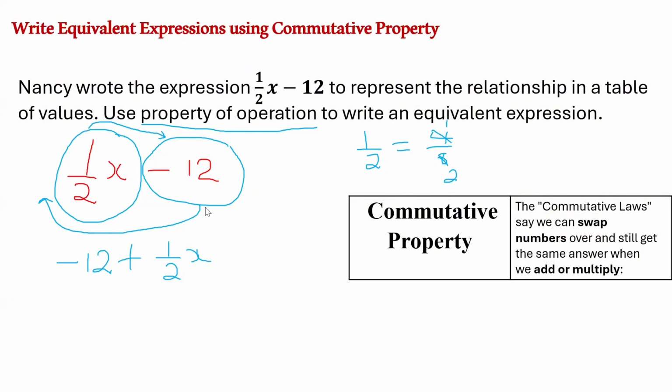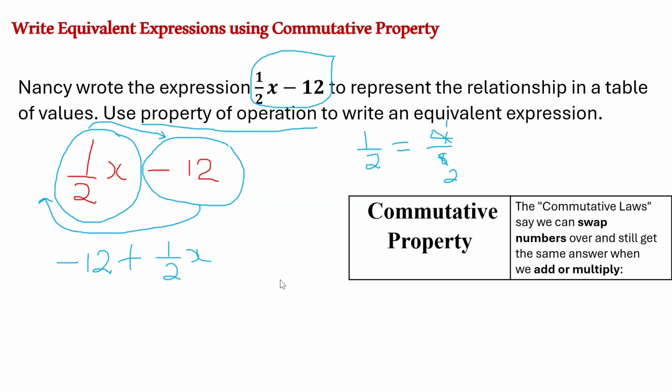It is the same thing as what we have in the original expression. All we did was rearrange the terms. So we can say that negative 12 plus 1/2 x is equivalent to 1/2 x minus 12.